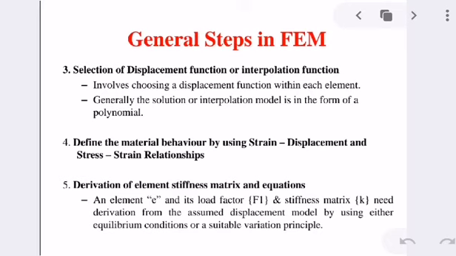For all the 3 elements, we will derive the elemental stiffness matrix. We will define the stiffness matrix, we will derive it, and we will get equations based on that stiffness matrix. So if we consider 3 elements, we will have 3 different stiffness matrix equations.